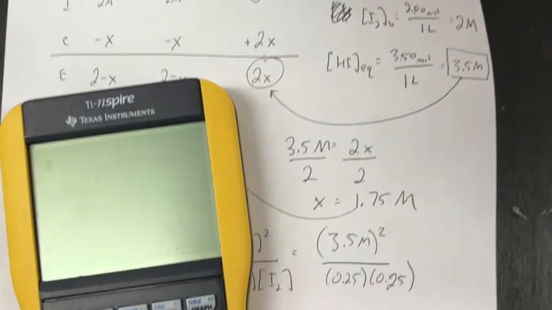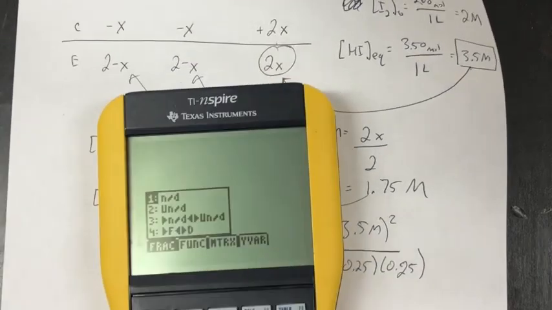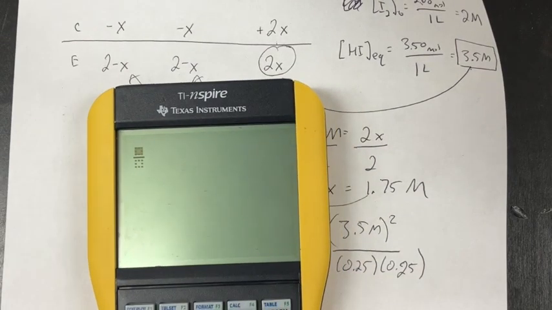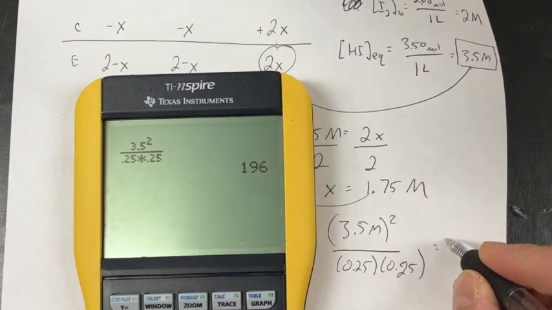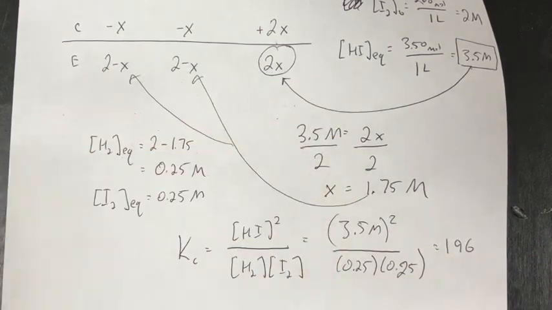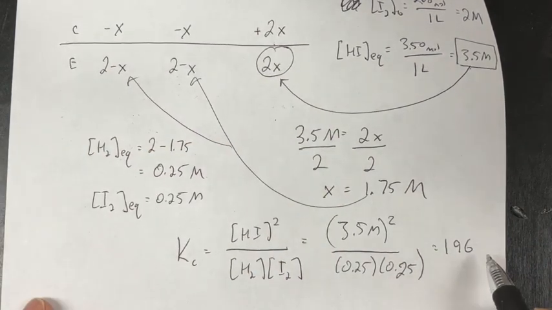Go ahead and plug that in. I'm going to use this function here. If you have that function on your calculator, that's really nice. So 3.5 squared divided by 0.25 times 0.25, and we got 196. Okay, so no units on the equilibrium constant.